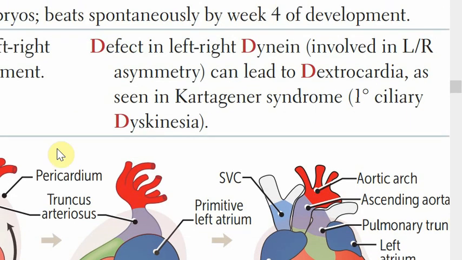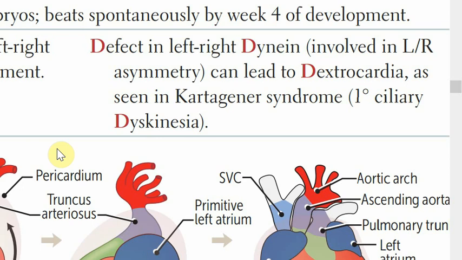So there is a pathology called Kartagener syndrome. Kartagener syndrome is basically also called primary ciliary dyskinesia. It's a defect in the dynein arm. What is the dynein arm? Dynein is a protein, and it works as an ATPase.